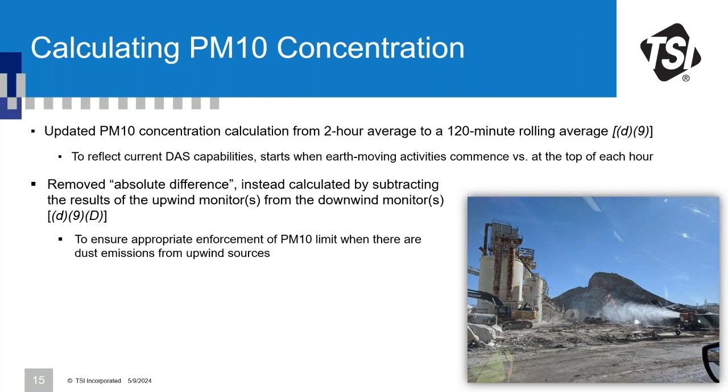As far as I know, that was the big difference, because previously you would have to wait for the top of the hour to start your monitoring and start your work. Now the 120-minute clock starts when the earth moving activities begin. And yeah, now there's a lot more capability. That is currently the questions that we have at the moment.